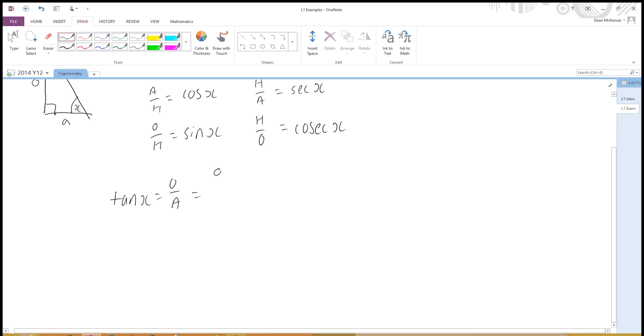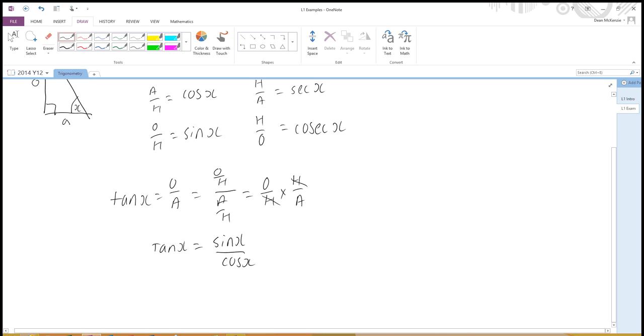Now sine is O over H, and cosine is A over H, and we should just be able to cancel both of those H's, or if you want to go back to some basic fractions, if you're dividing by a fraction, you turn it upside down and multiply, which means your H's cancel. So in other words, this bit here was just sine, and that bit there was just cos, and it gets us tan. So in other words, tan of x equals sine of x divided by cos of x.